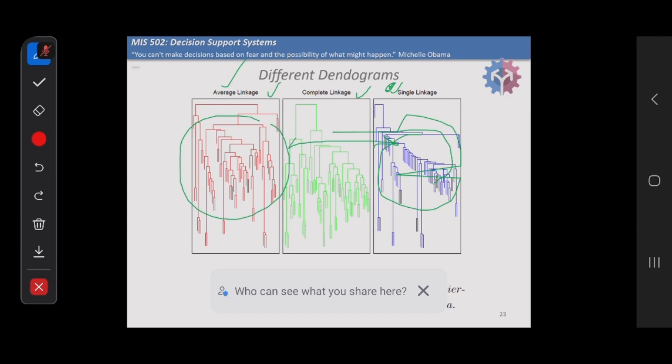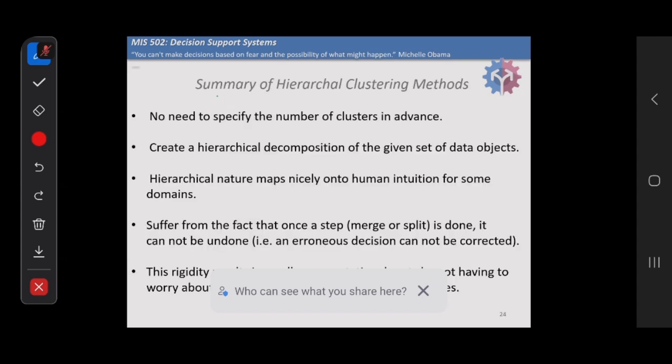So instead of choosing K, the problem in dealing with hierarchical clustering is that you have to pick the right centroid distance formula. This centroid distance formula is important. Now, in summary, you do not need to specify K, the number of clusters.